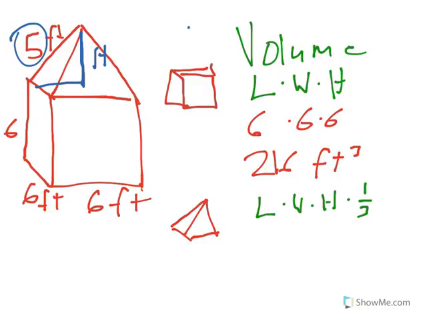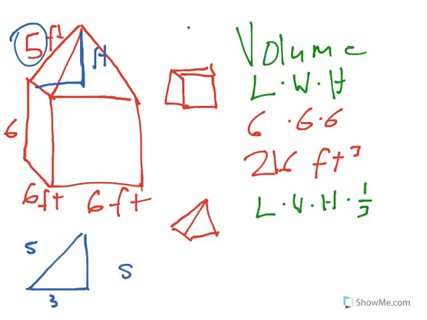Okay, so to find the height of the pyramid, we're going to have to use the Pythagorean theorem. So we know the slant height is 5, and we know this is 3 because the height is from the middle of the square, and since the square is 6 by 6, we know half of that is 3. So we can just use the Pythagorean theorem to solve for it.